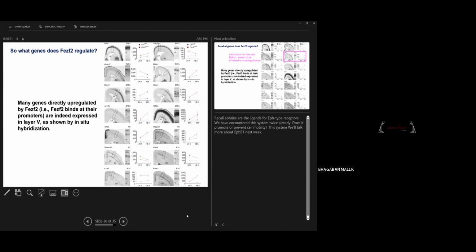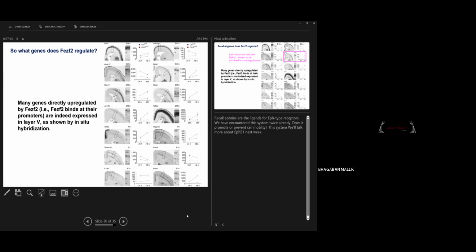In layer 5, you have more expression of this protein because you have overexpressed this construct. So FEZF2 can regulate diverse genes, which are shown here. Some are up-regulated. Here you can see that this gene, AKAP12, is down-regulated after 48 hours of injection of FEZF2.